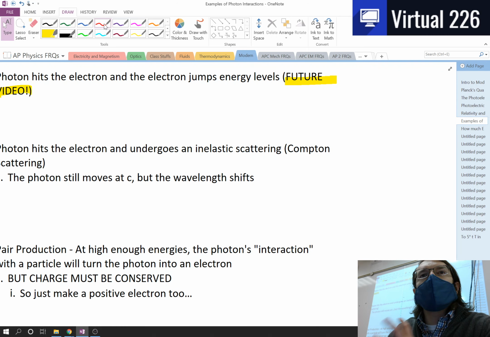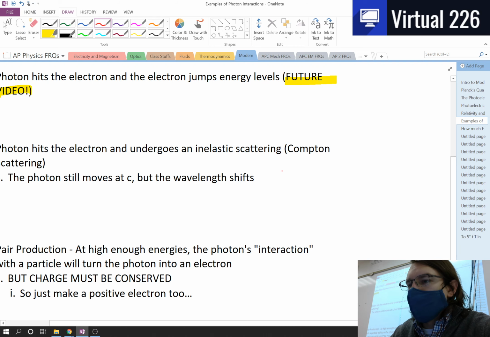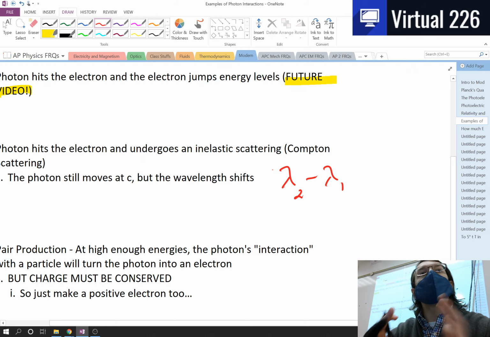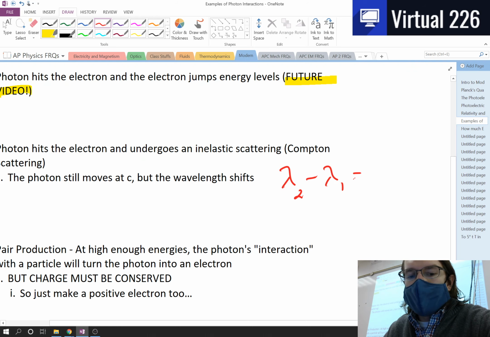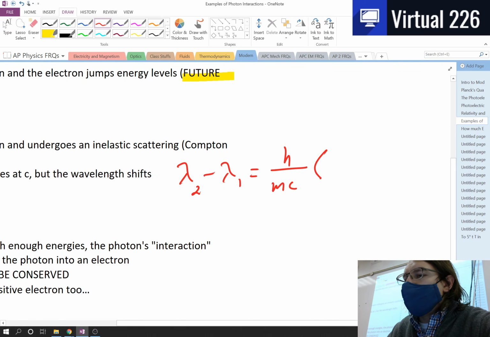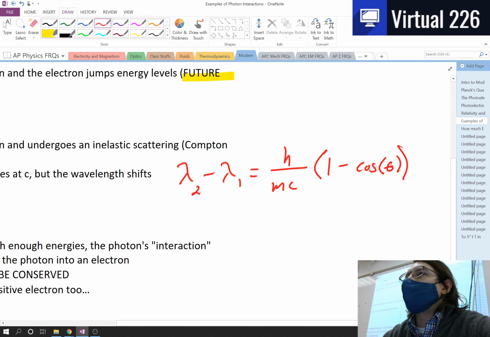We won't need this for the AP Physics 2 class, but if you wanted the equation for Compton scattering, it would be lambda 2 minus lambda 1, where 2 is the scattered wavelength and 1 is the incoming wavelength. This equals h over mc multiplied by 1 minus the cosine of theta, where that theta is the scattering angle.